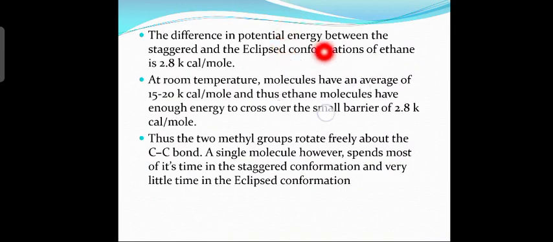The difference in potential energy between the staggered and eclipsed conformation of ethane is only 2.8 kilocalorie per mole. At room temperature, the molecules have 15 to 20 kilocalorie per mole of energy, much higher than 2.8, so ethane molecules have enough energy to cross over the small barrier of 2.8 kilocalorie per mole.